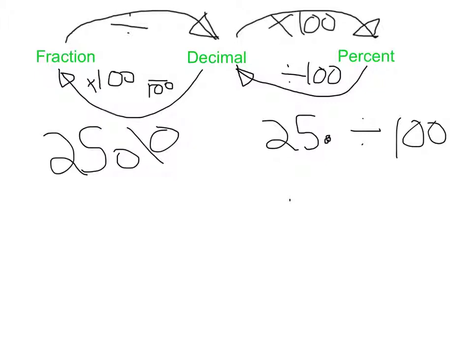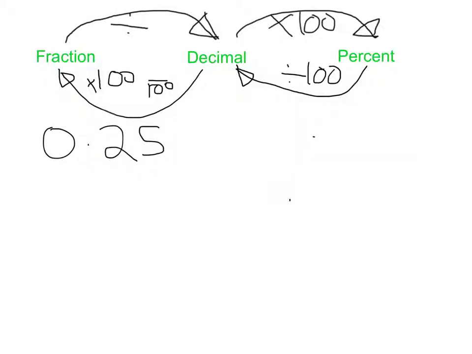So that's how many places we're going to move our decimal. 1, 2. And we add our 0. Oh look, when we divide by 100, we get 0.25 again. So 25% is equal back to 0.25.